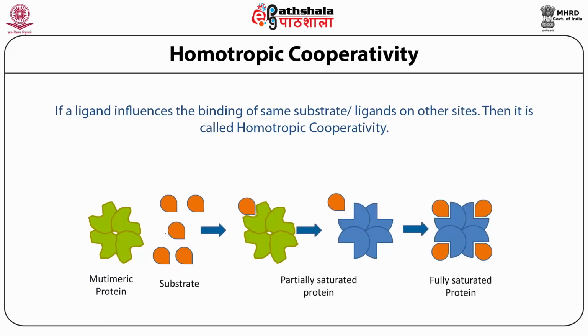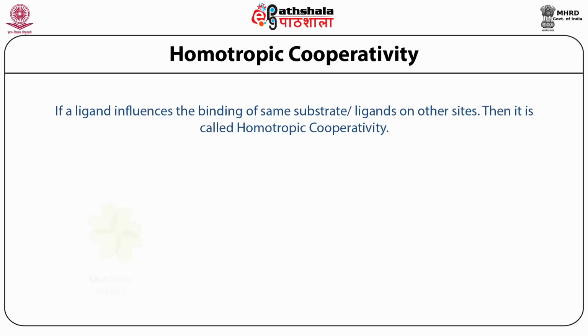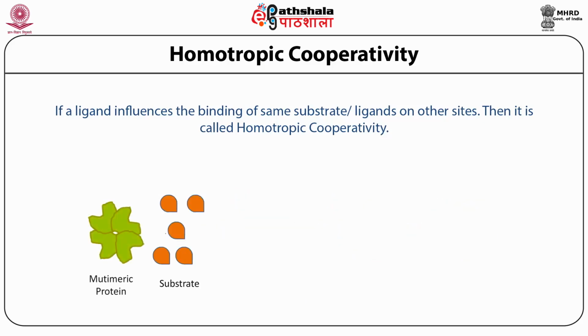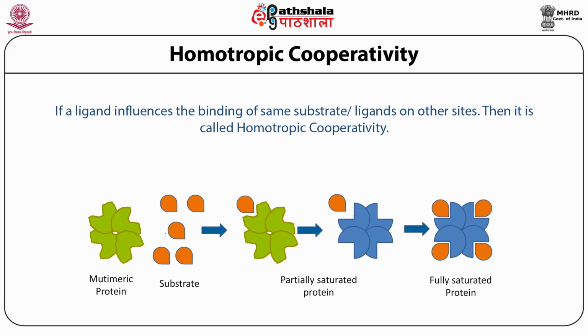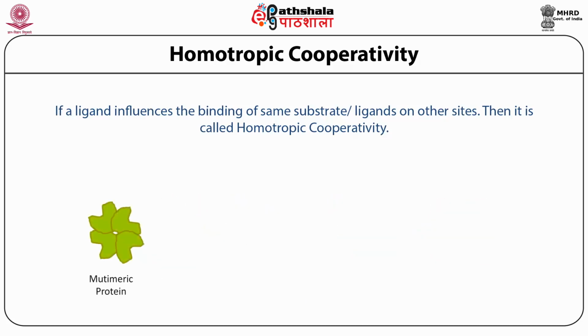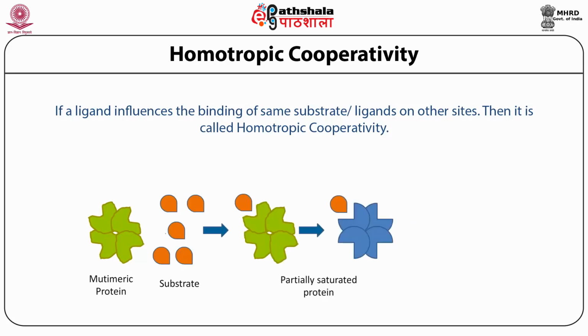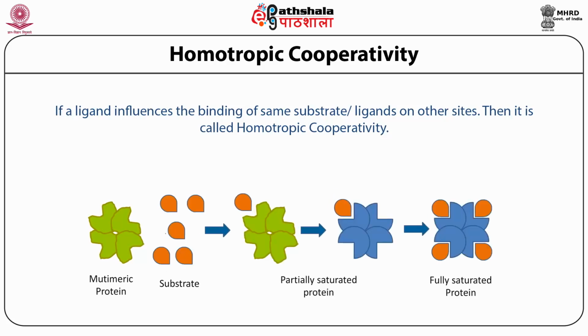So homotropic cooperativity is the cooperativity in terms of substrate, when one molecule of substrate A facilitates the binding of other molecules of substrate A on the active sites of the enzyme.